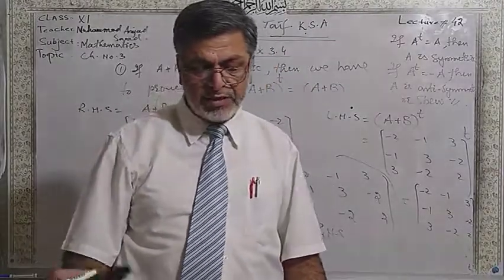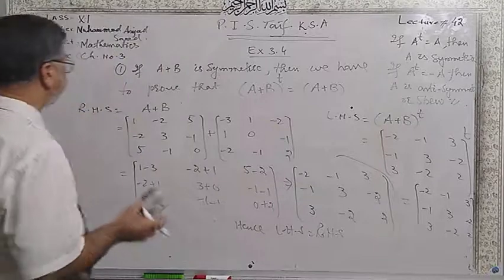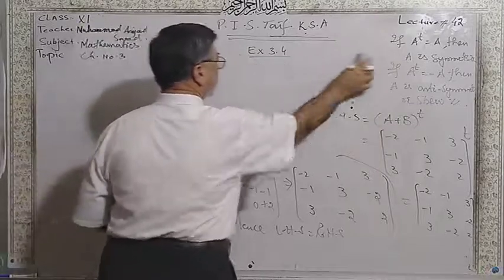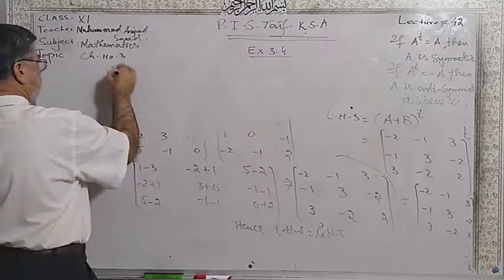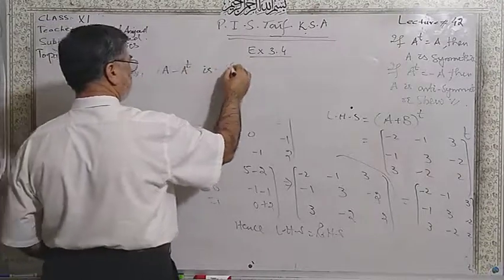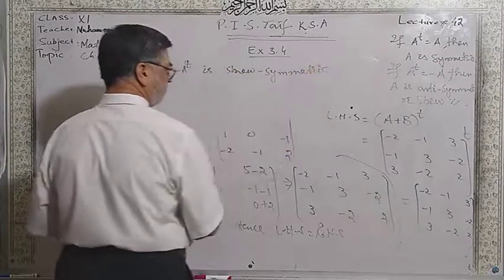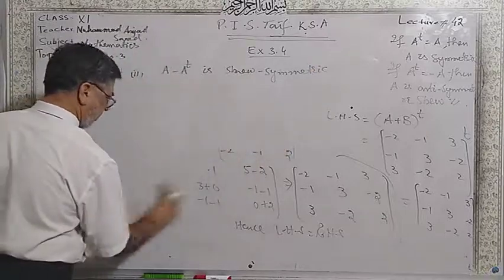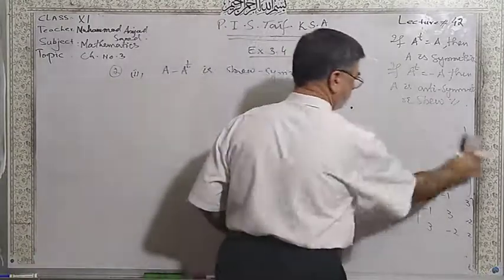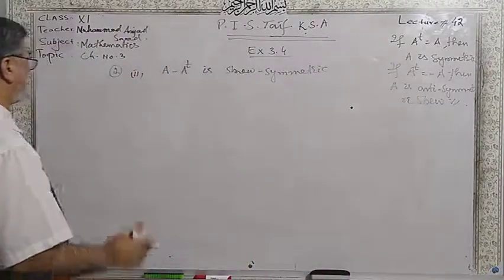So I am taking question number 2, part 2. A minus A transpose is skew symmetric.